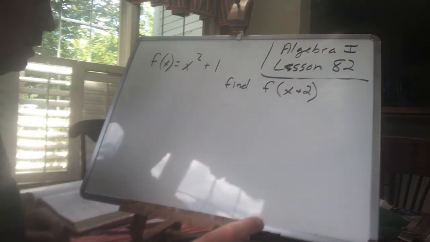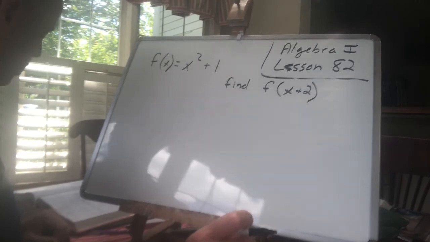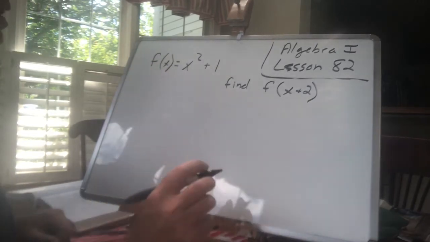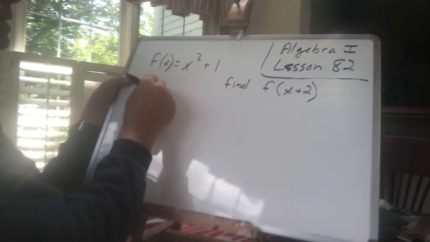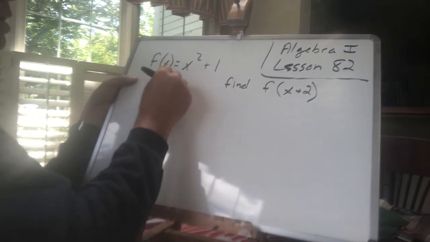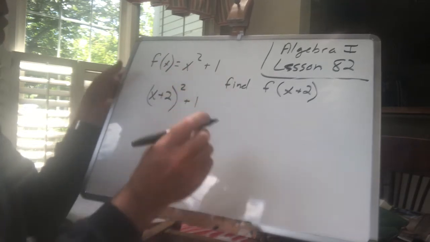To find the function of what happens when x equals x plus 2, we replace every x with x plus 2. So we go x plus 2, and it is squared, plus 1.